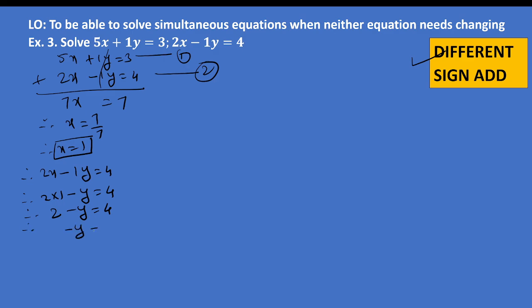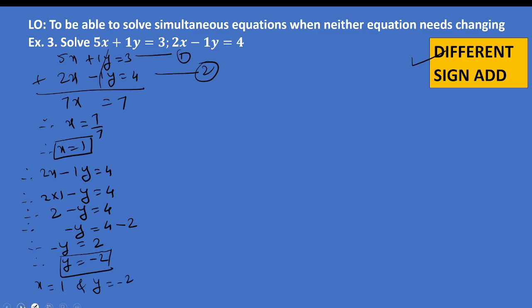Therefore minus y equals 4 minus 2, which is minus y equals plus 2. However, what are we looking for? We are looking for plus y, not minus y. So here y equals minus 2, and hence our answer is x equals 1 and y equals minus 2.